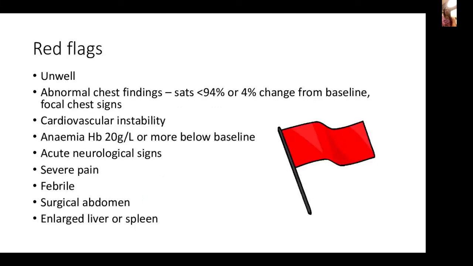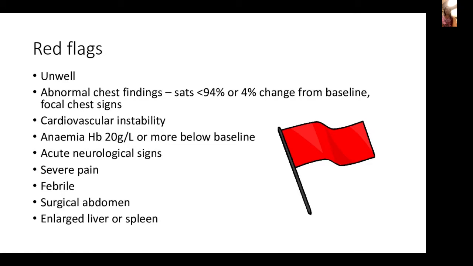So just to go through the red flag things that should have your alarm bells ringing. If the patient just seems generally unwell, they are unwell. Any abnormal chest findings: clinically you cannot distinguish between pneumonia and acute chest, so we just treat them the same. And desaturation is a cardinal worrisome sign.